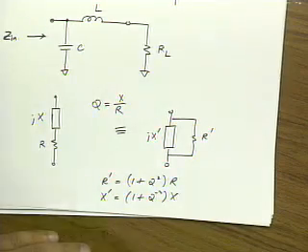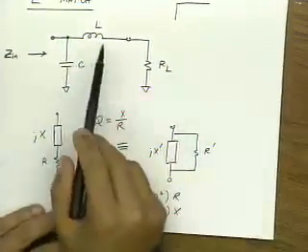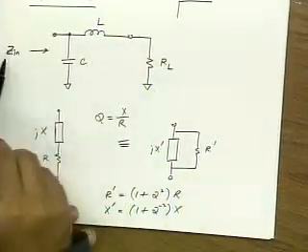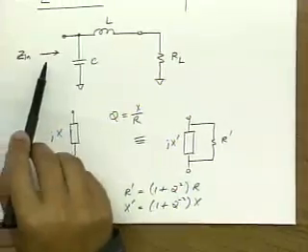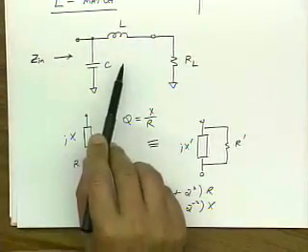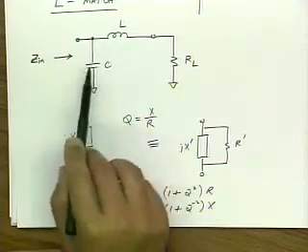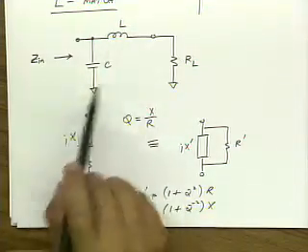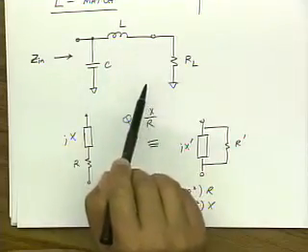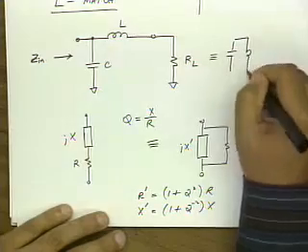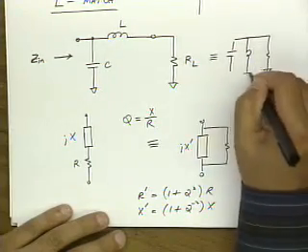Okay? So now if we look at this circuit here, we can see that it would be really nice to analyze this. If I want to find Zin, it would be really nice if I could make this a parallel RLC circuit, and then, if I want to synthesize a real input impedance, I can make the L and C resonate, and I'm just left with a parallel R. So let me transform this into this circuit.